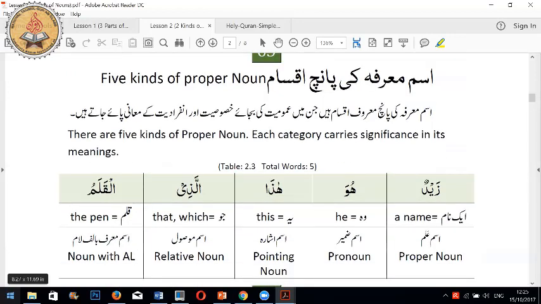Zaidun. This is a name, a proper noun. Now, Maryam is used in the Quran for a woman, the only female name which has been used in the Quran.